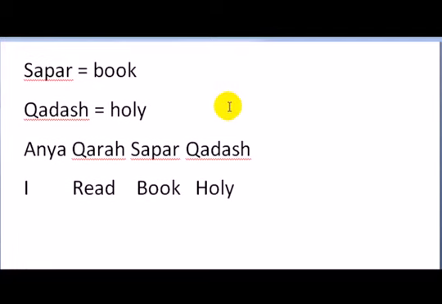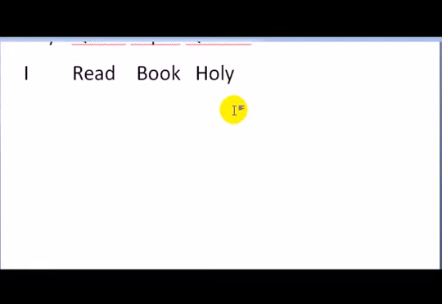I'll give you one more example. Another group of words here, once again I'm gonna use Anya, which is I. I'm gonna put akal, which is eat.